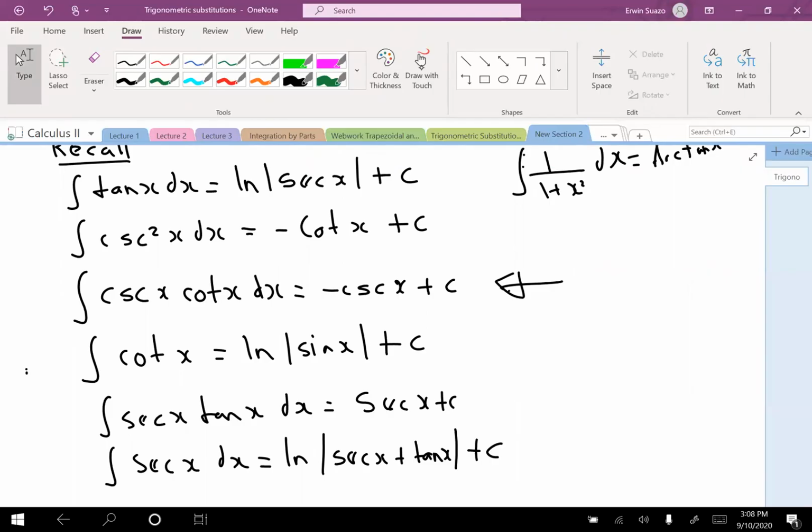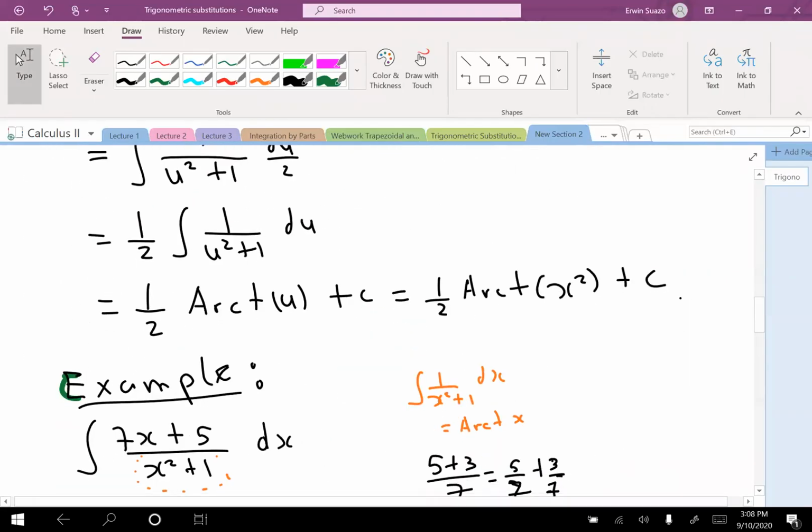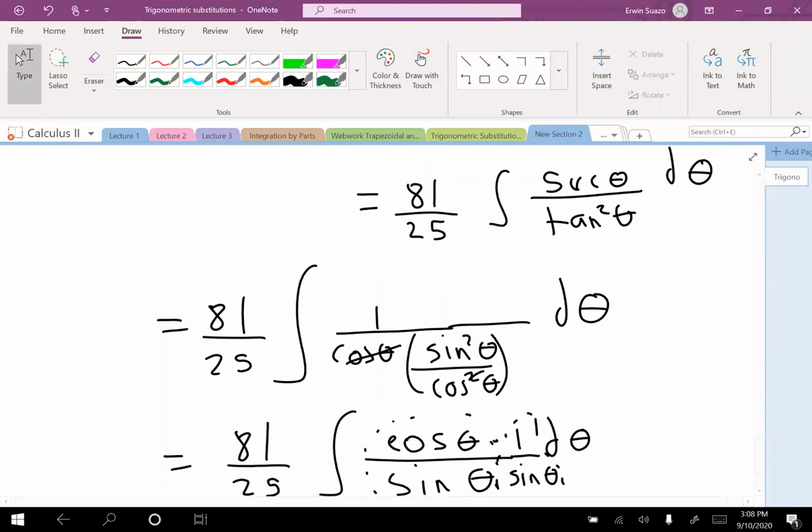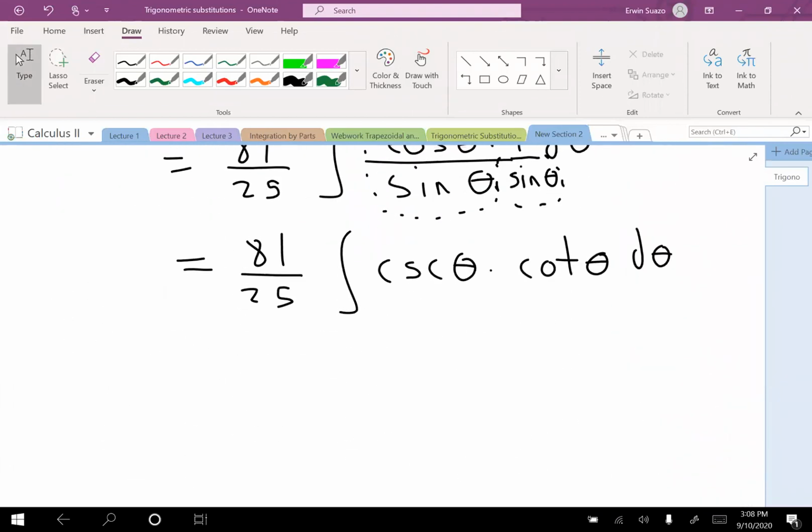That integral is not difficult to do, but I'm just doing it to see if you can save some time with that table. So we are getting 81 over 25, and then minus cosecant of theta.